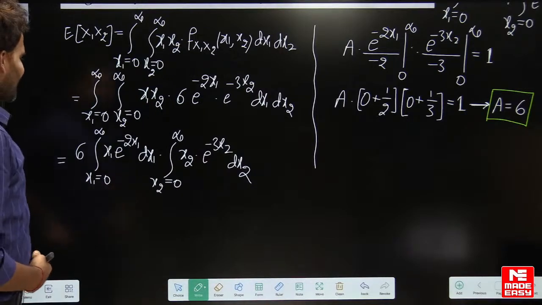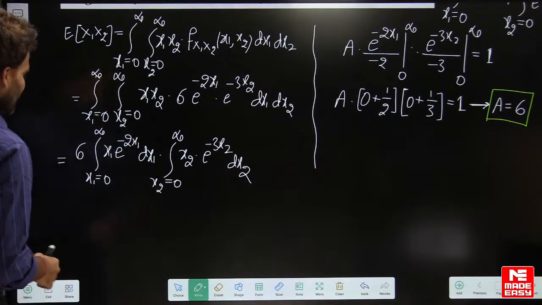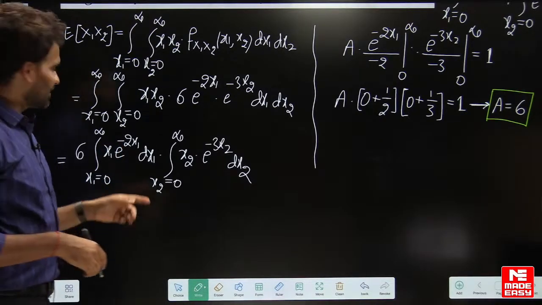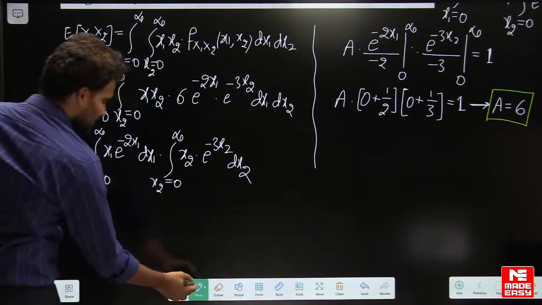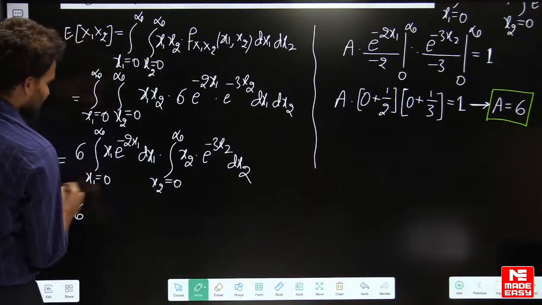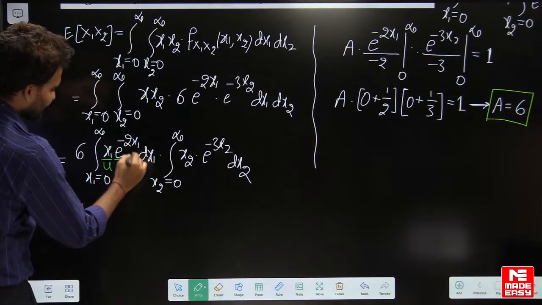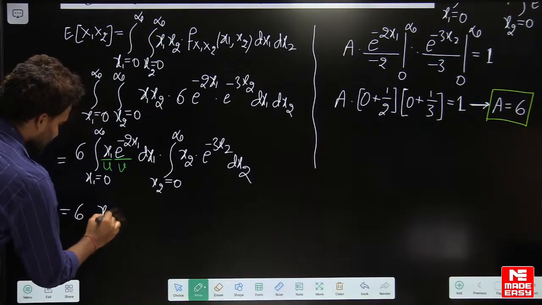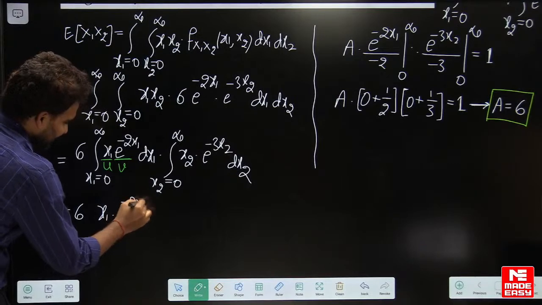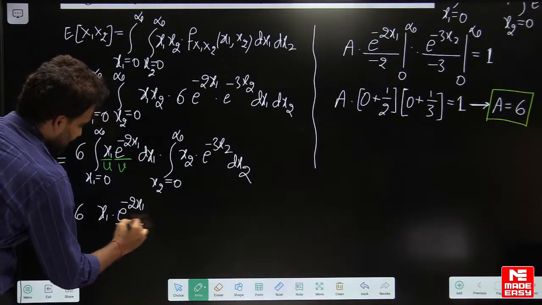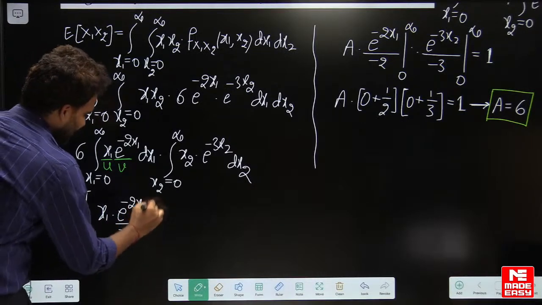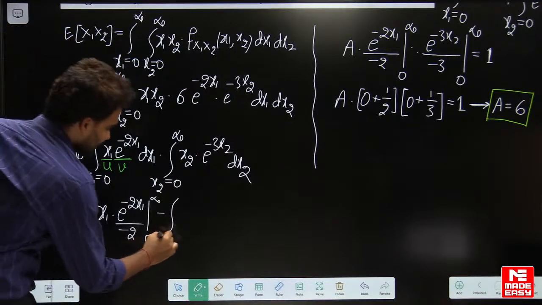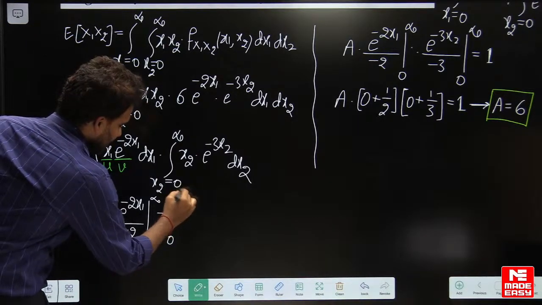Okay. Now it will be equal to 6 times 2. Just do the integration of uv. I'm taking this as u and this as v, so integration of uv will be u times the integration of v, in the limits 0 to infinity, minus the integration of u dash.